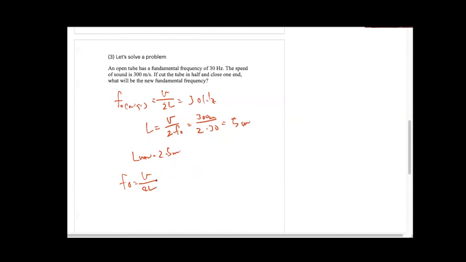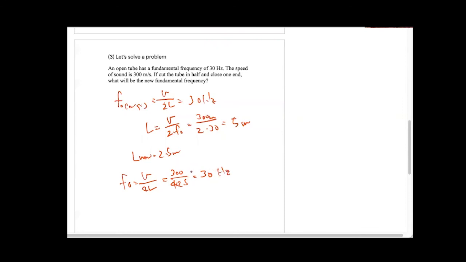And V is not changed, so this is going to be 300 over 4 times the new L, which is 2.5. So this new fundamental frequency is going to be 30 Hertz.